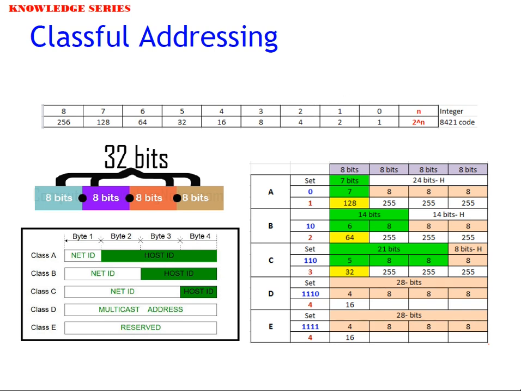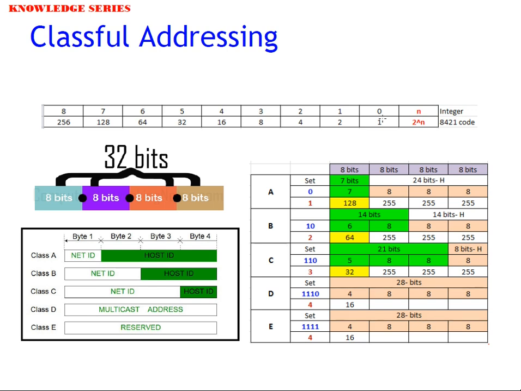So let's see this slide, where you can see a set of integers with n equal to 0, 1, 2, 3, 4, 5, 6, 7, 8. Corresponding to that, the 8421 code, that is 2 to the power of n, is shown as 2 to the power of 0, 2 to the power of 1, up to 2 to the power of 8.